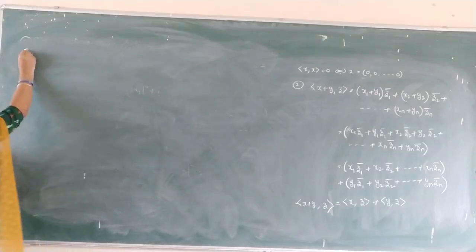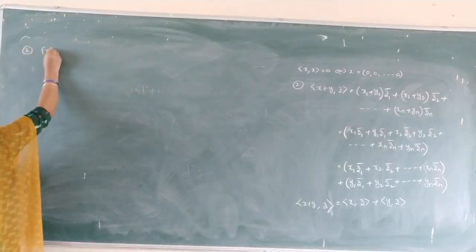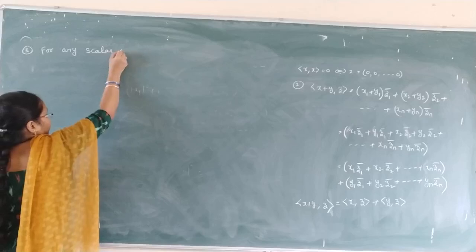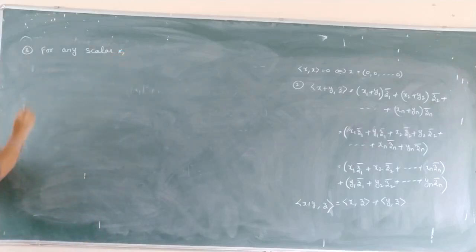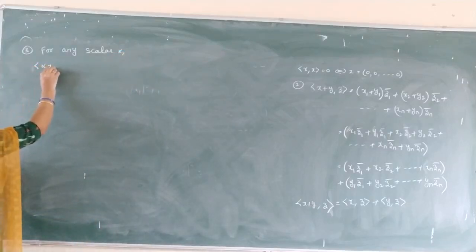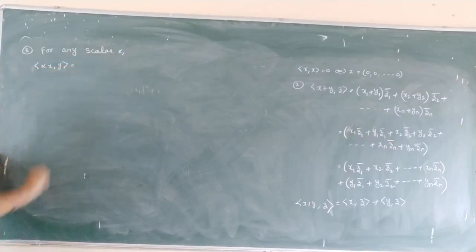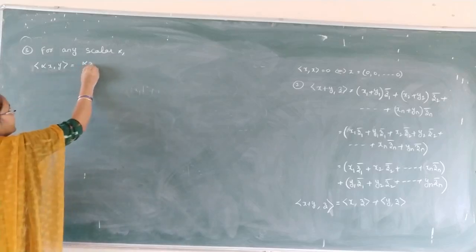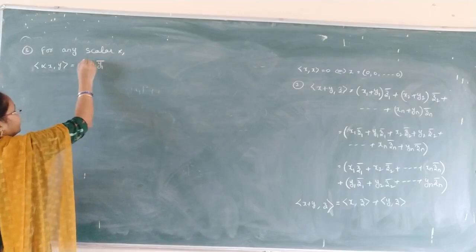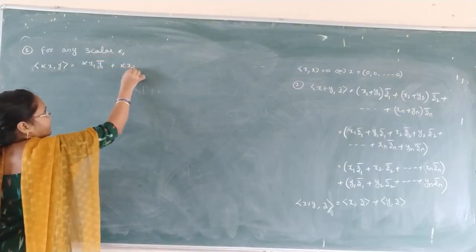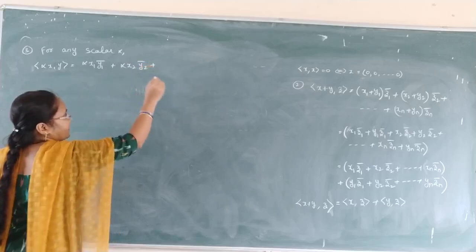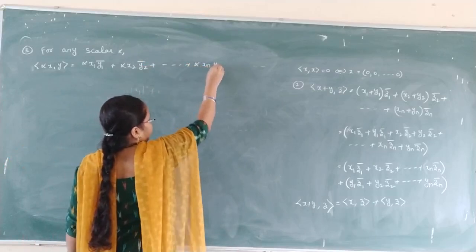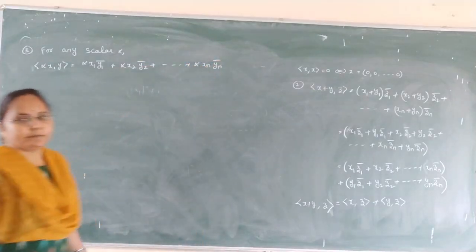So for any scalar alpha, inner product of alpha x comma y is equal to, directly multiplying, alpha x1 into y1 bar plus and so on, alpha xn into yn bar.